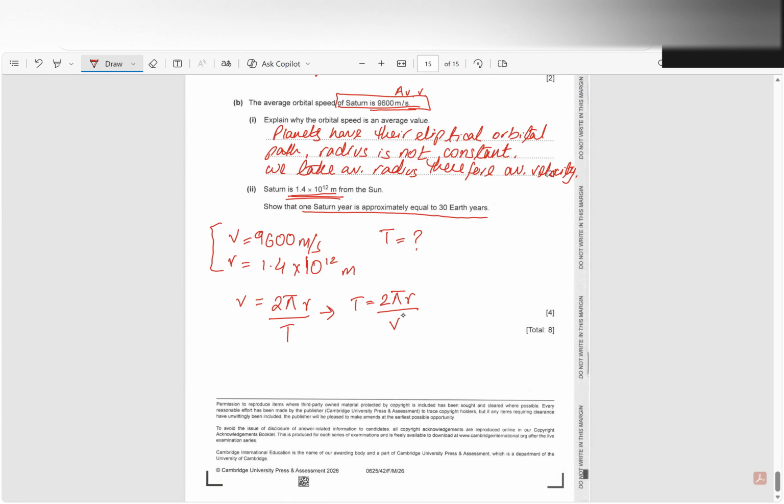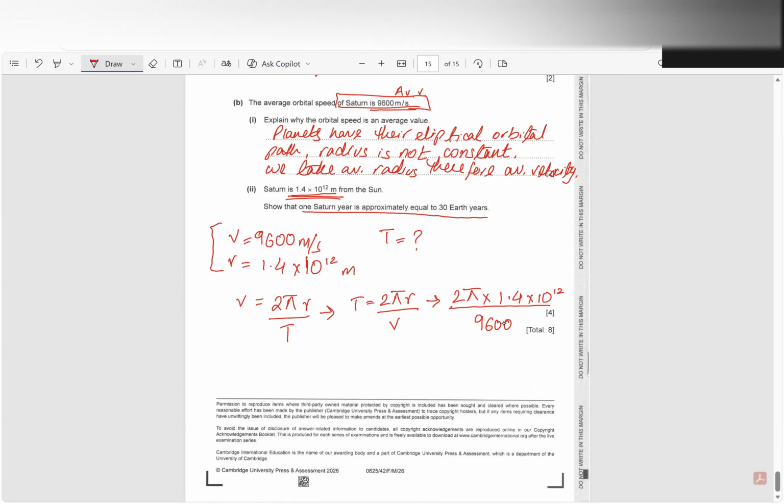Filling in the values: 2 pi into the radius, which is 1.4 into 10 raised to power 12, divided by the average velocity, which was 9600.